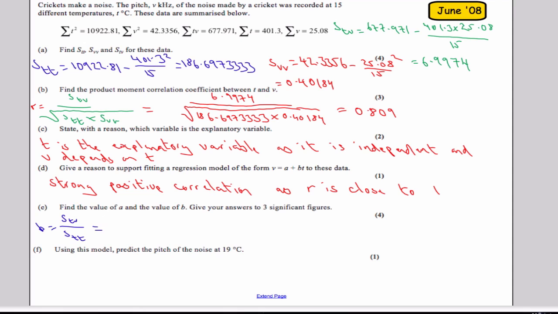It's important we choose the correct values. STV is not 0.40184, I beg your pardon. It's 6.9974. So let's just modify that. STT is 186.6973333.